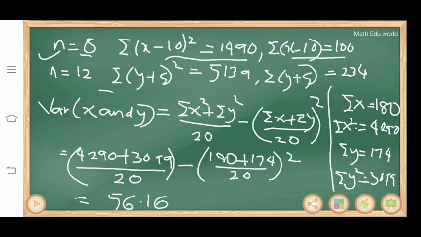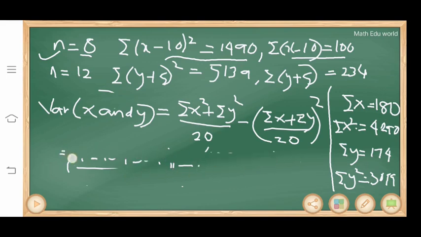as variance. And if the question is to find the standard deviation, which is nothing but the square root of variance, it is the square root of 56.16. And from this question one more expected question can be asked: the mean of x and y. You may get the question for mean of x and y.